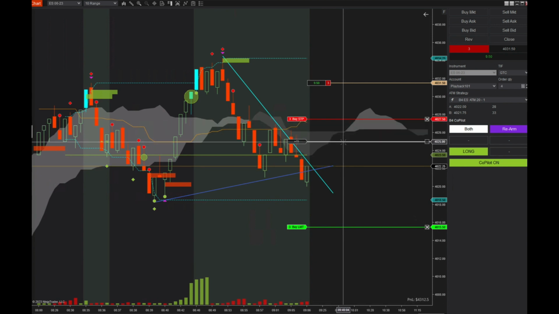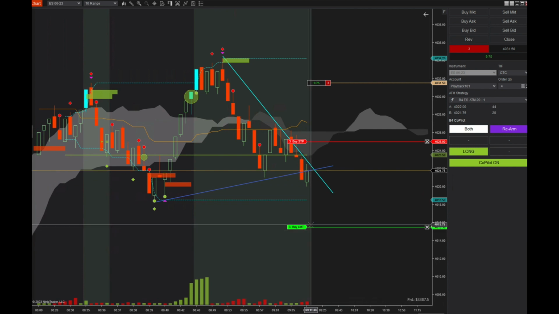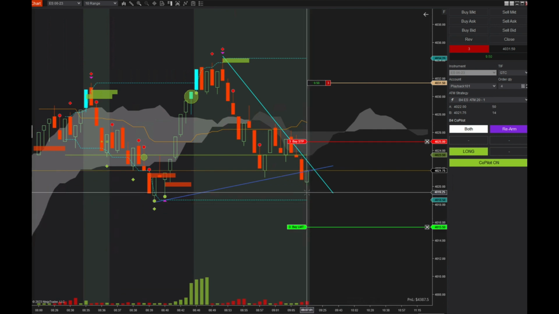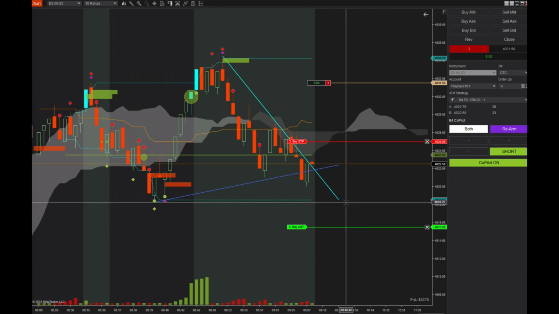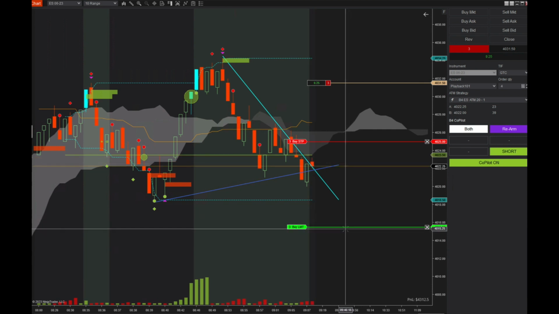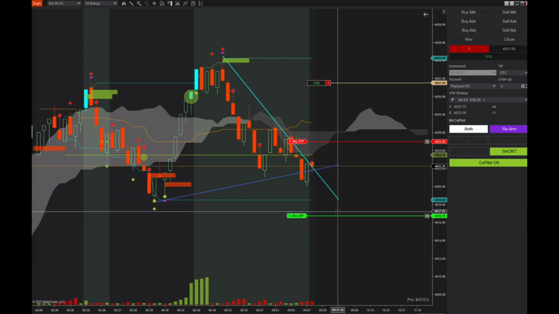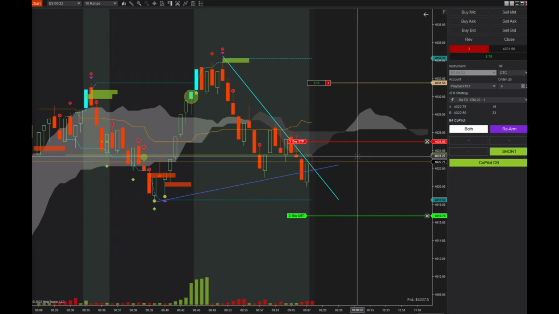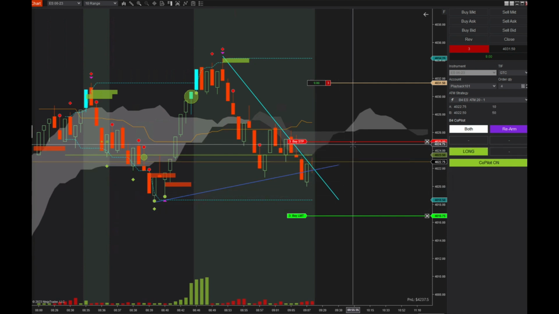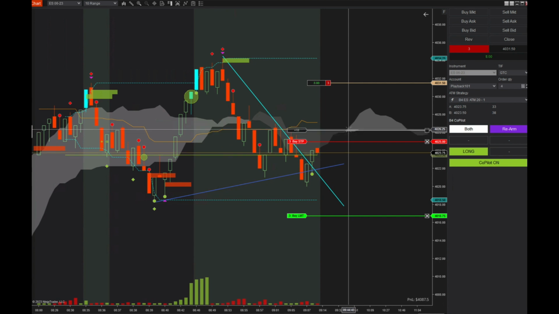Pull that stop down. Bouncing right there to auto trend line, finding support rather. See what we're going to do here. Maybe give it a little bit more room.